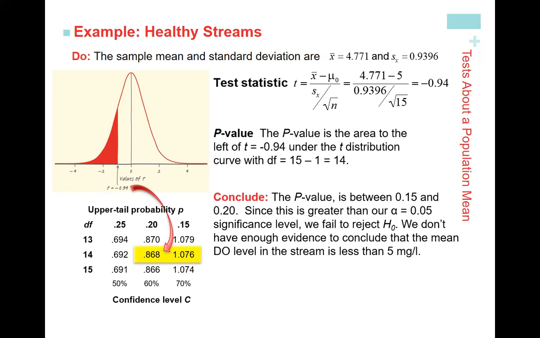Kind of the same differences that we had when we did means versus proportions for confidence intervals. But we're going to have that same 4-step process with all the same ideas.